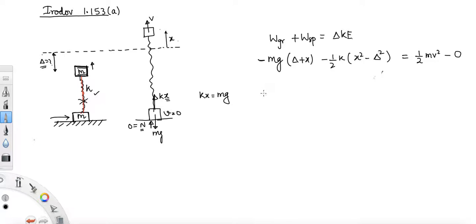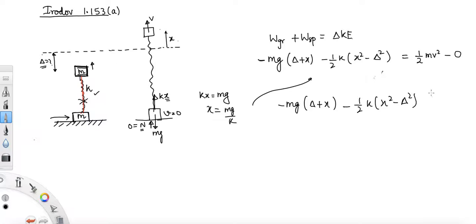So we have this equation, and also plug in the value of x from this equation, x equals mg by k, and solve. Also, we have minus mg times (delta plus x) minus half k times (x square minus delta square) equal to half mv square, and this is the kinetic energy, which is greater than or equal to 0.